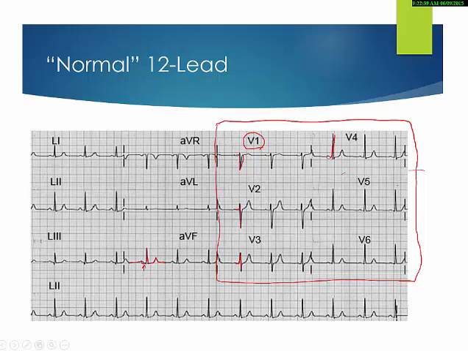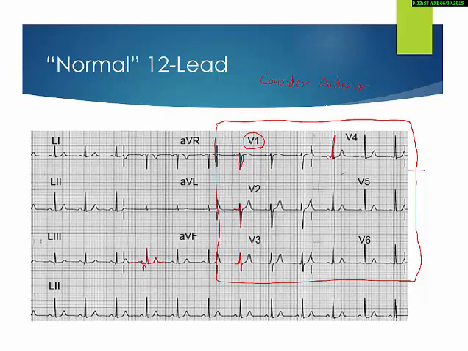In fact, if you do a 12-lead on a patient and they do have a poor R wave progression, generally somewhere on top of the 12-lead where the diagnosis is, it'll say something like consider anterior infarct.